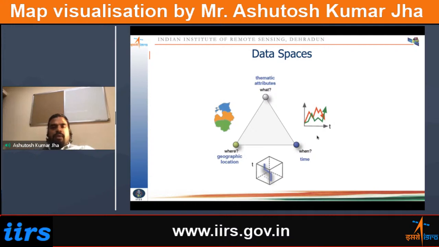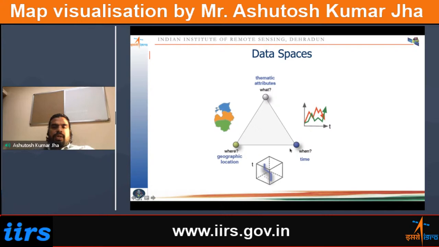We also have maps where a particular location and its values are quite dominant, and if your map is mostly depicting the features, where is what, and a lot of spatial features are dominant, in those cases we create topographical maps.